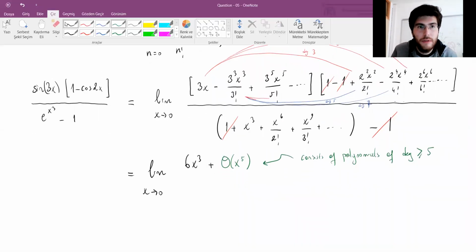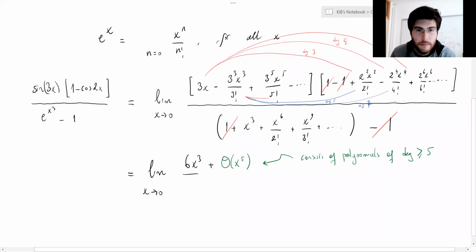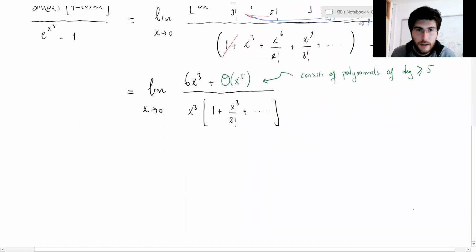This is our compact notation. And divided by, if you look carefully and take x cubed out of the parentheses, let's see what we have: 1 plus x cubed over 2 factorial, and so on. And you can see these cancel out each other. So the limit as x approaches 0, we cancel this thing.